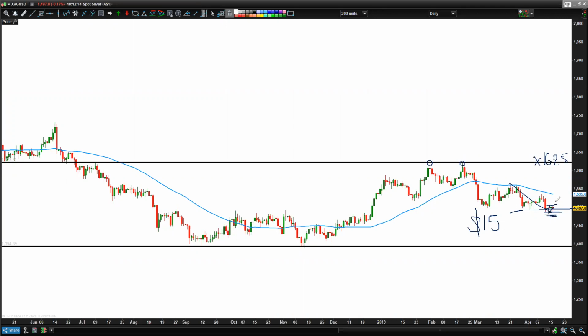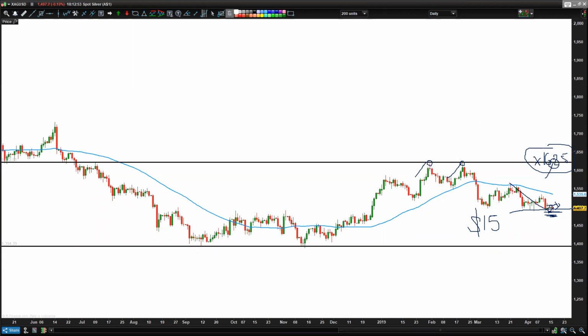If I'm right and we start closing above $15, we could, in a relatively short period of time, go back to $16, $16.25. And every time we touch this area, it gets weaker. It's a bit like somebody bashing it with a barge pole. If we bash that with a barge pole and break it next time, this could go much higher than $16.25 the next time we get up here.